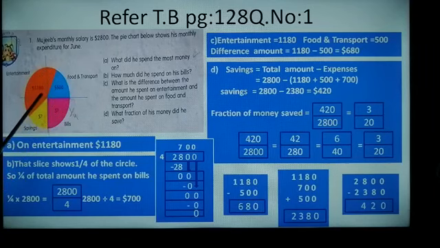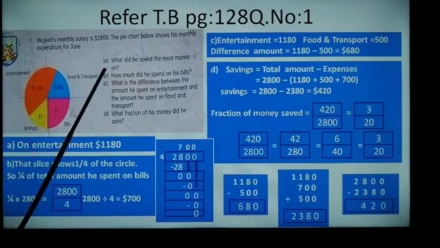How he spends his money on each thing. Okay. Here the keys are given there: entertainment, food and transport, bill and saving. And here the amount is given there, not percentage. So with the help of this pie chart, we have to find out the answer.